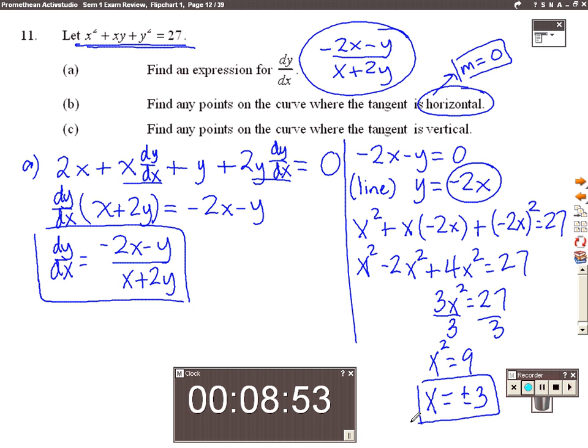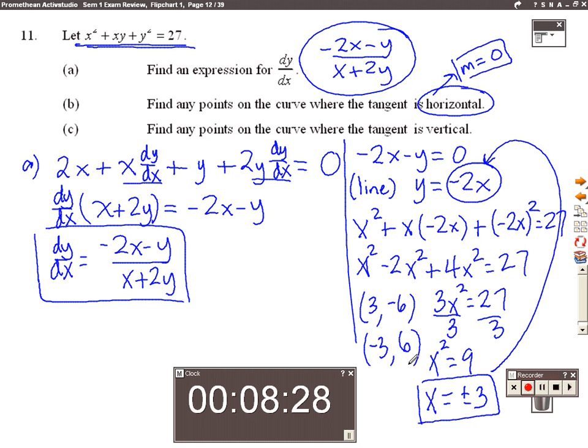So the implication is that there are 2 points where the derivative is 0. Now to get the corresponding y values that go along with this, I'm going to substitute back into the equation of the line. So my 2 points would be positive 3, negative 6, and negative 3, substituting back into the equation of the line, positive 6.